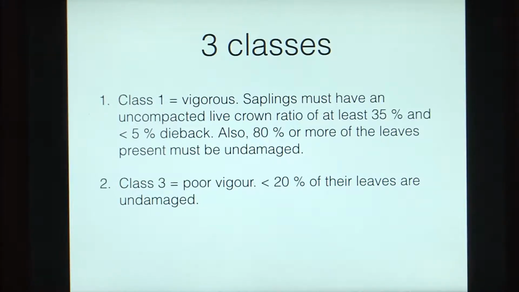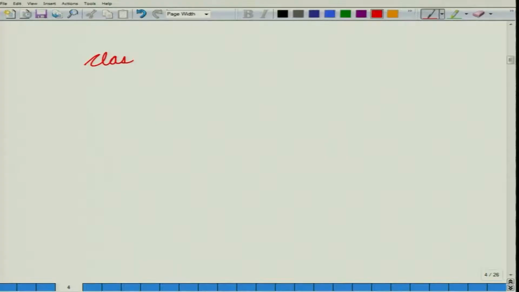So, the second class that we will consider is a class with poor vigour. So, in the case of poor vigour, less than 20% of their leaves are undamaged, or to put it in other words, for class 3 we have greater than 80% leaves that are damaged. Now, if the leaves are damaged, then this plant will not be able to perform photosynthesis properly.